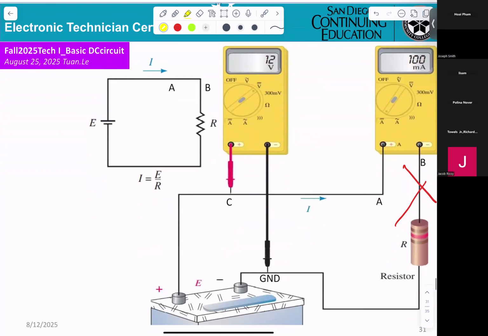Now, on that one, they're telling you how to measure the current and how to measure the voltage. Okay? Measuring the voltage is easy. High side of the meter and low side connect to the common route.